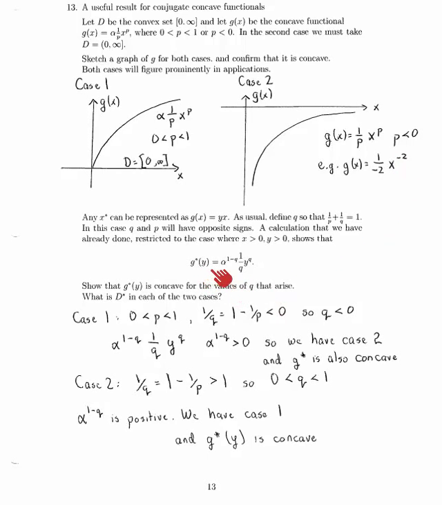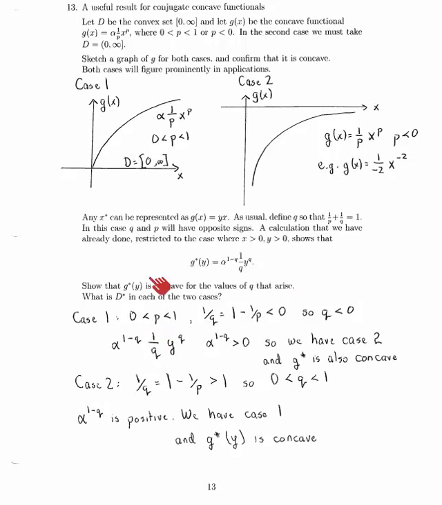Now, let's use the formula we proved earlier. If g is alpha over p times x to the p, the conjugate functional is alpha to the 1 minus q times 1 over q times y to the q, where as usual 1 over p plus 1 over q is equal to 1. Only here, p and q are not both greater than 1.